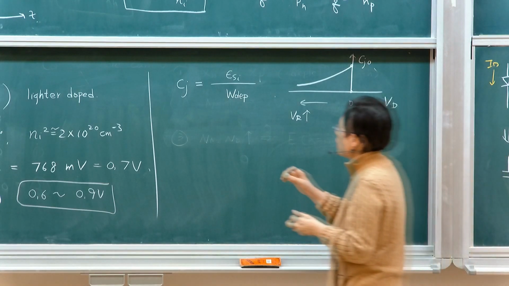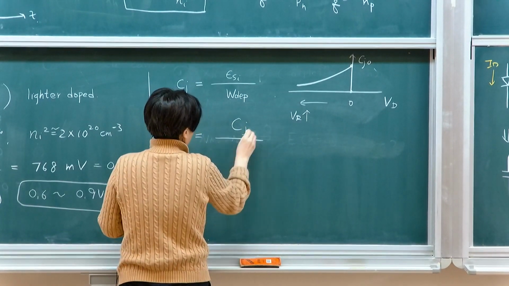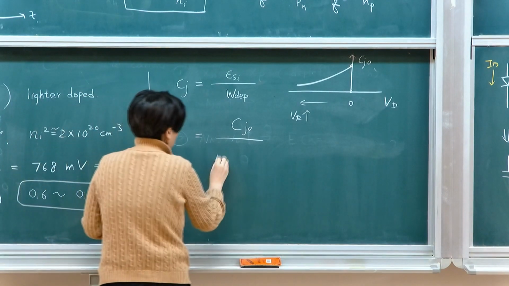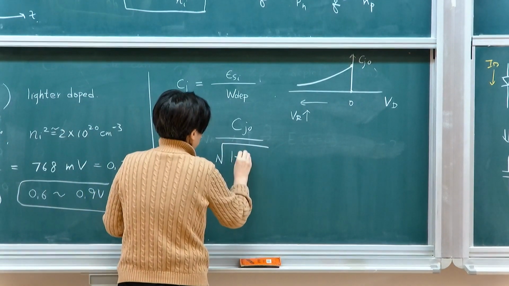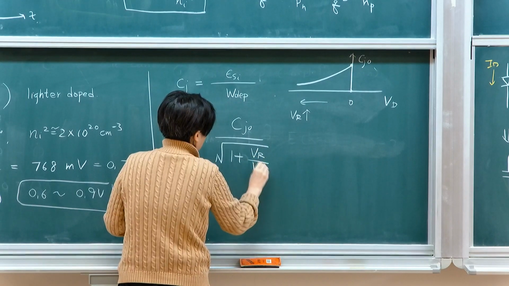And then we can actually write it in the form of CJ0. Use CJ0 as a constant, and it will be inversely proportional to 1 plus VR over V0.